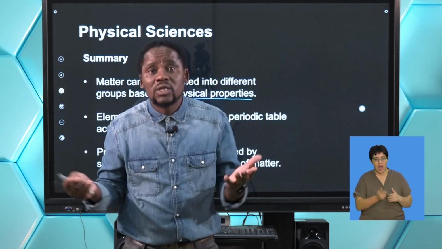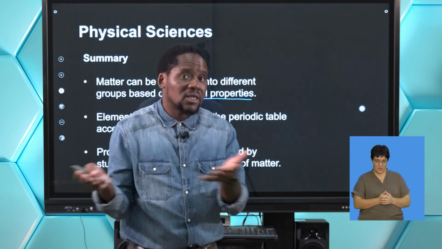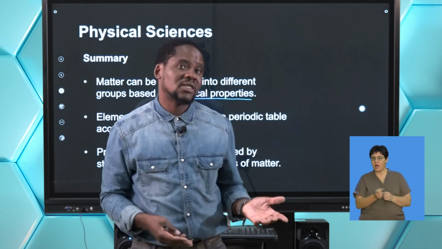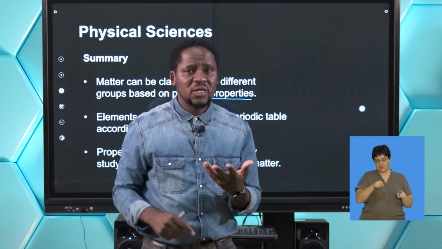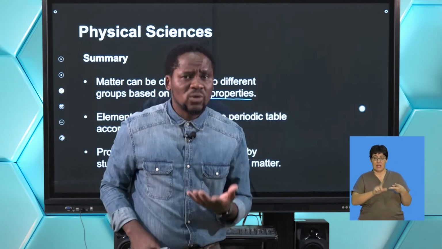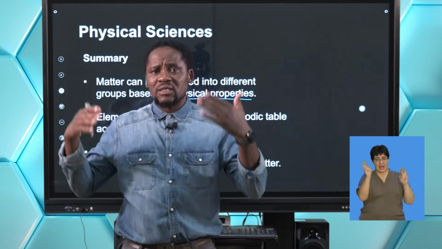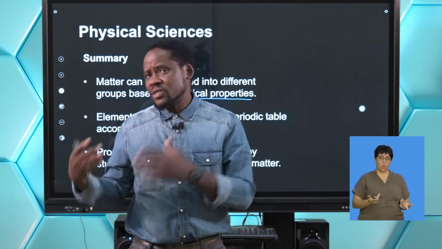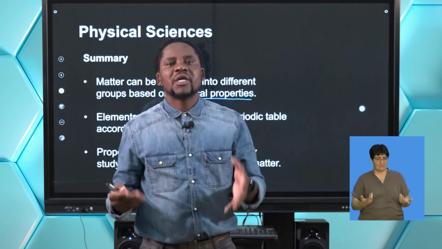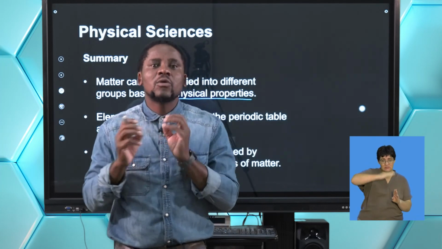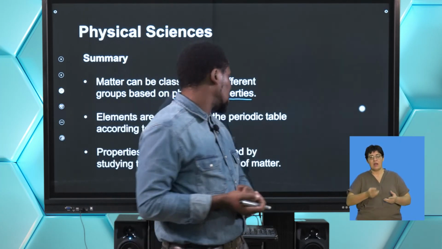It could also relate to the state in which it occurs under different conditions. Can it be a solid, liquid, gas? Does it dissolve? Is it able to conduct electricity? Is it a thermal conductor or insulator? All those are based on the microscopic composition of that particular material, right?